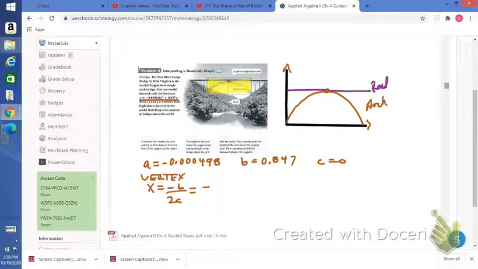So negative b, and our b is 0.847, all over 2 times negative 0.0000498. Alright, plug this into your calculator and you're going to approximately get 850. So that's the x-coordinate of the vertex.